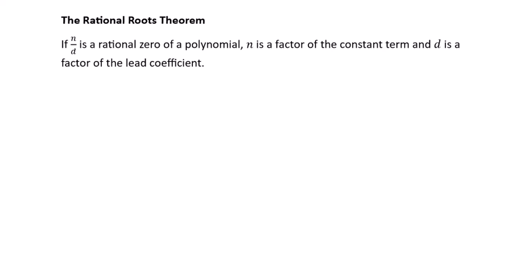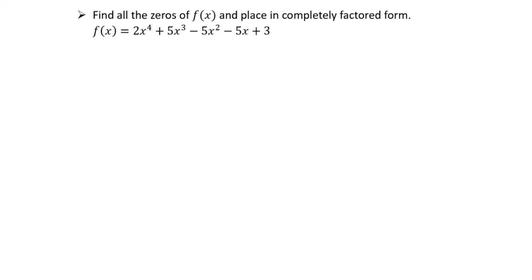So let's use the rational roots theorem on our next problem. Find all the zeros of f of x and place in completely factored form. F of x equals 2x to the fourth plus 5x cubed minus 5x squared minus 5x plus 3. They've not given us any hints for values of k to try, so let's go ahead and make a list.